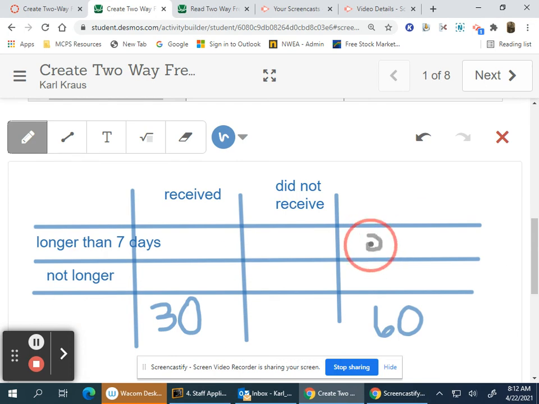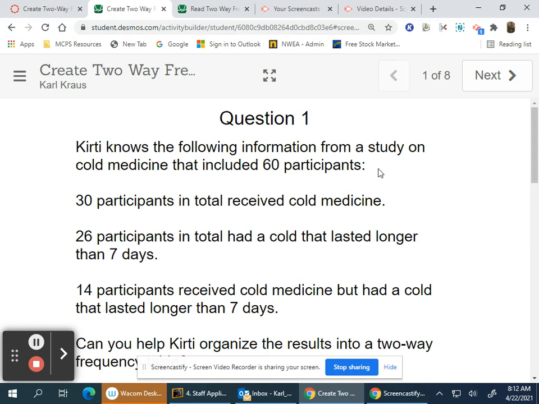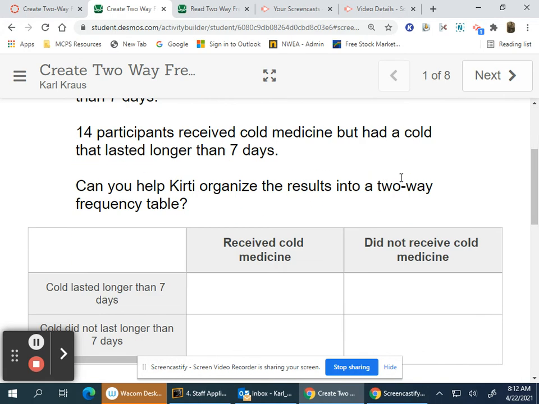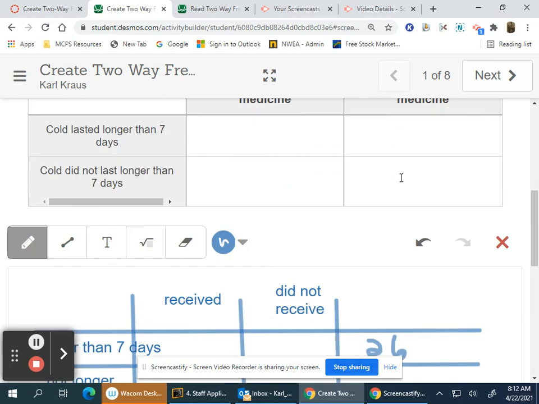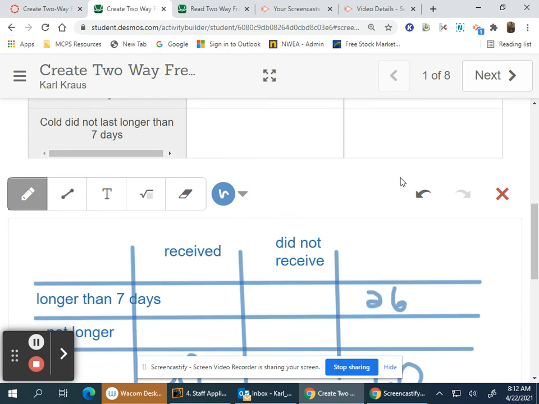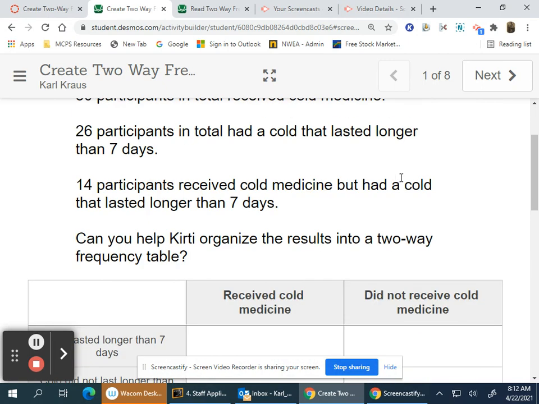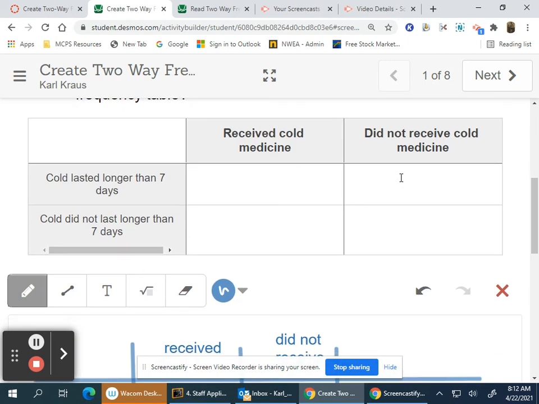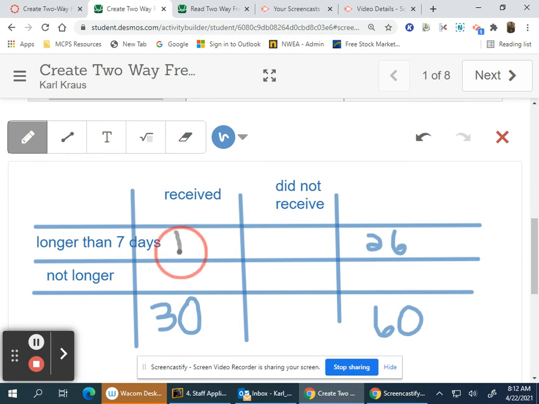So this is a 26 here. 14 received cold medicine but had a cold that lasted longer. So 14 goes here.